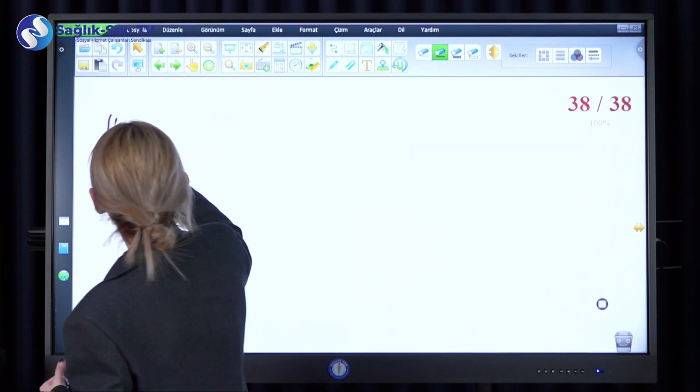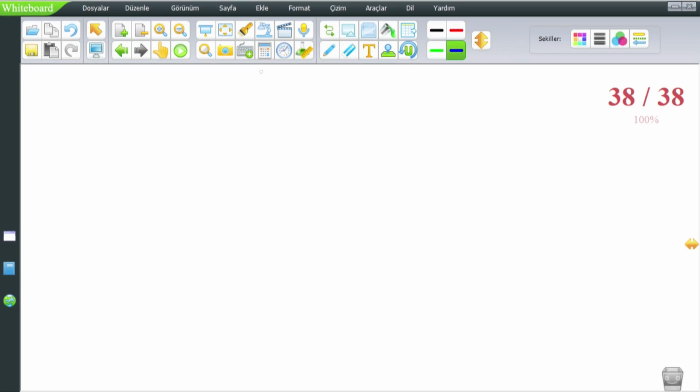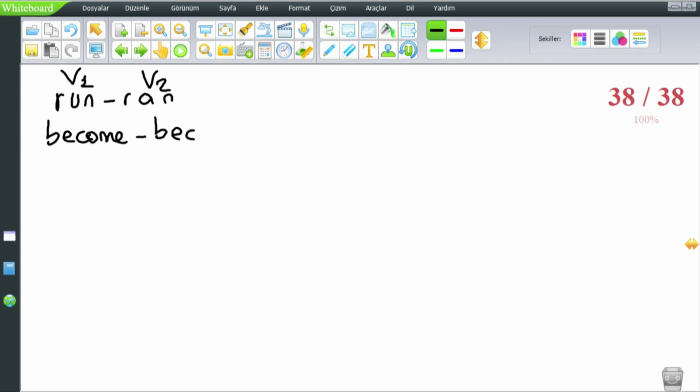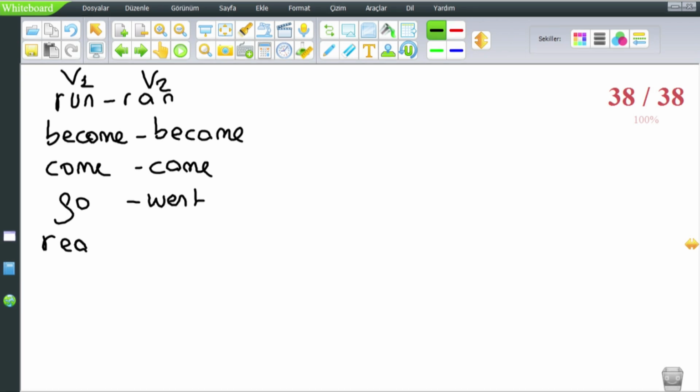Okay, now let's study some irregular verbs. We have talked about run, it became ran. Become, became. Come, came. Go, went. Read, read. Eat, ate.